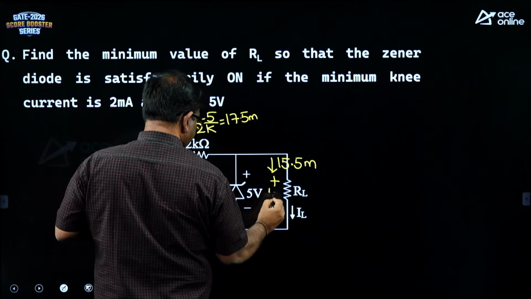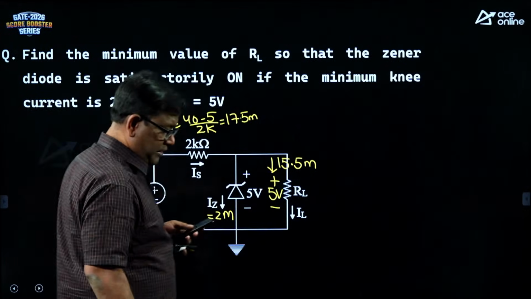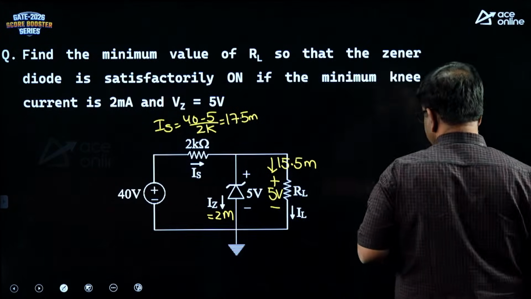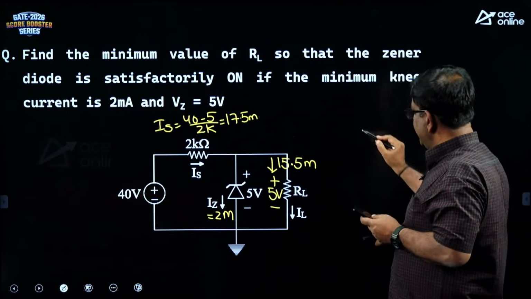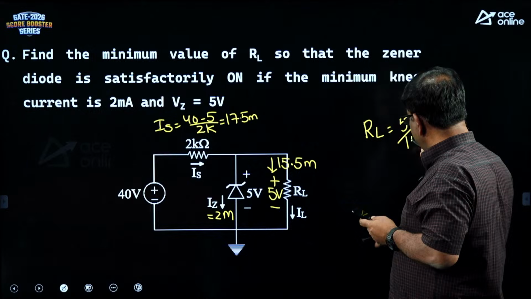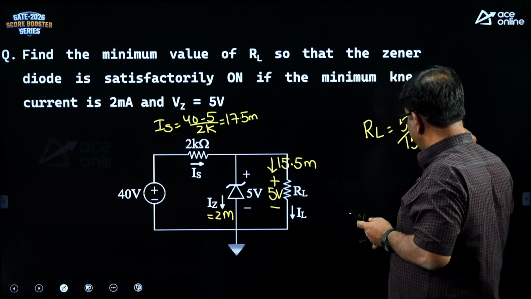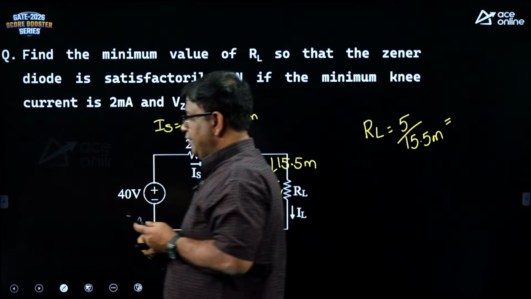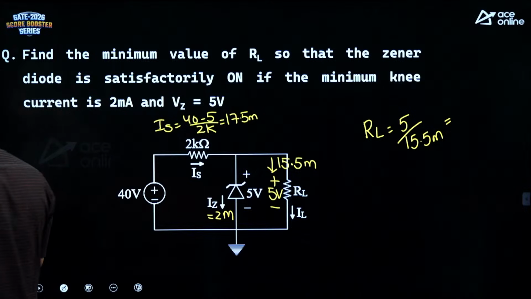The voltage is 5. So, apply Ohm's law and get the value of RL. RL is going to be 5 by 15.5 milli.